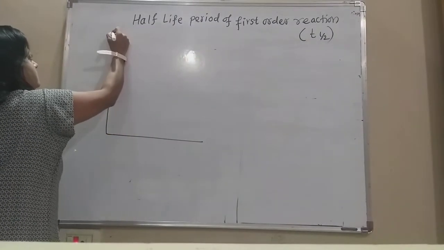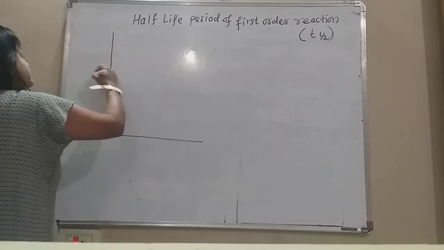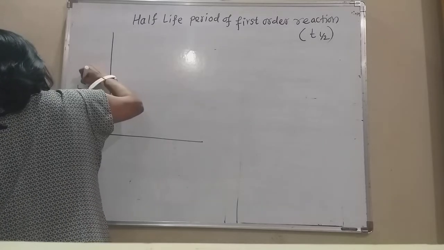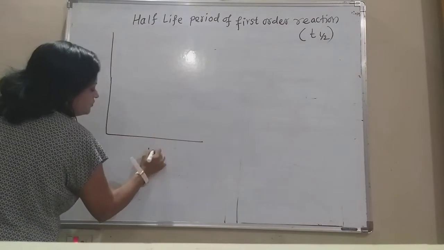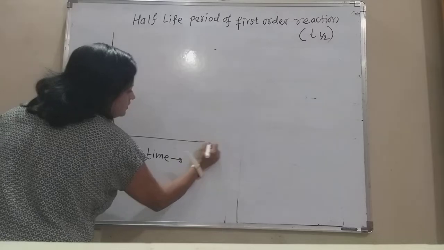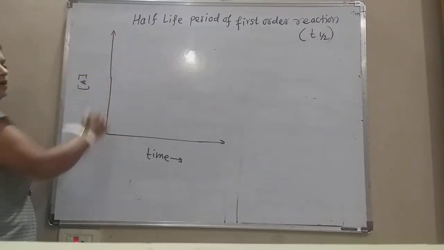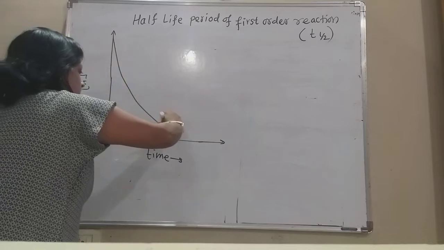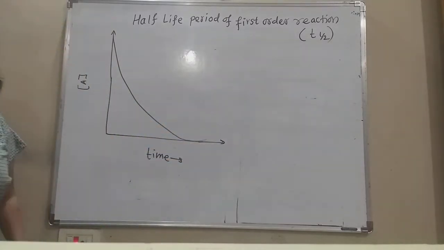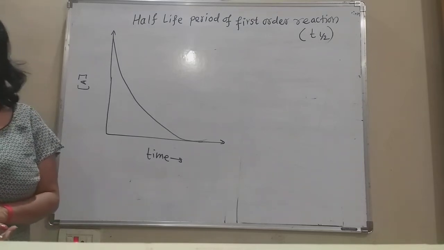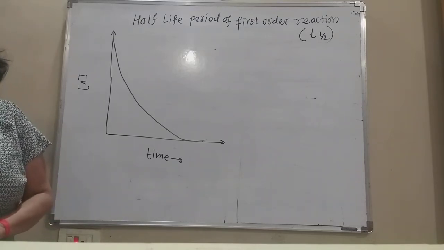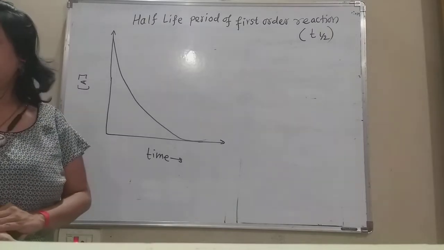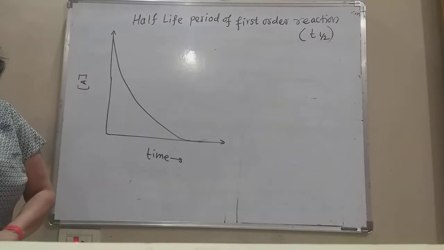Suppose here is the concentration of A and here is time, then the graph is in this way. What this means is that the half-life period of the first order reaction is independent of the initial concentration of the reactant. This is shown by this graph.